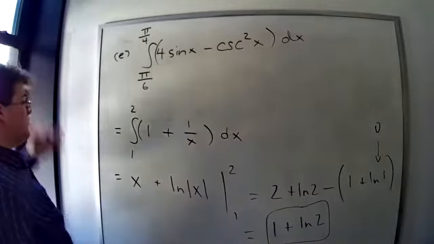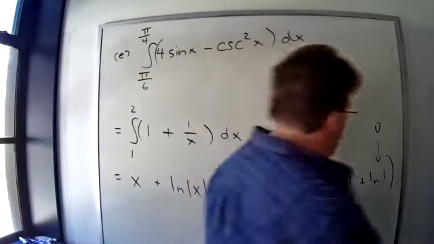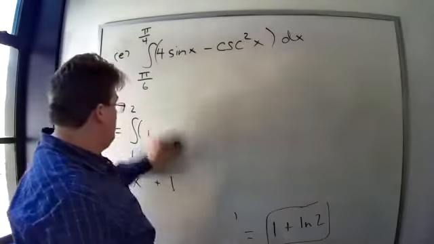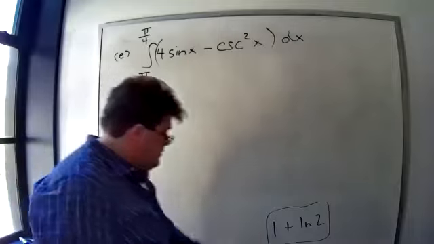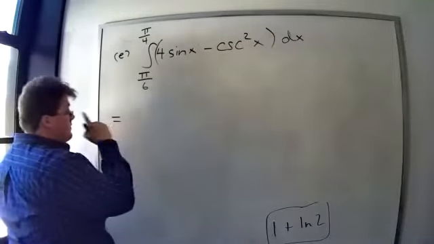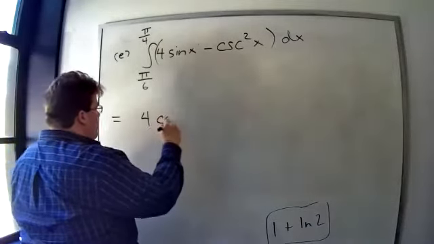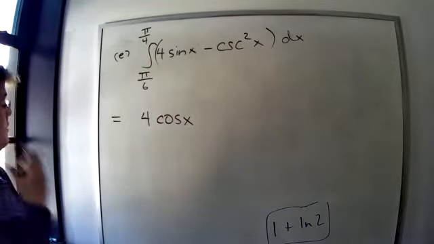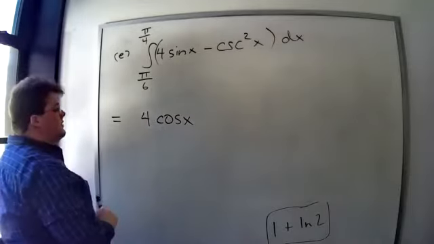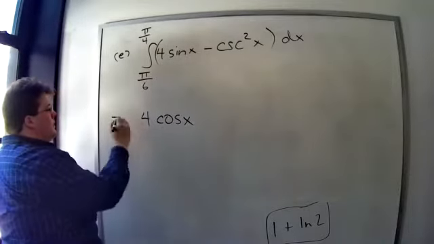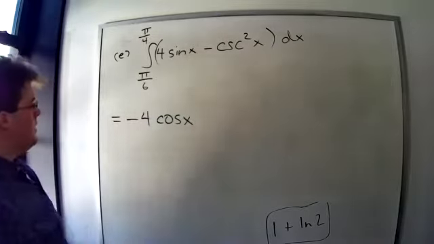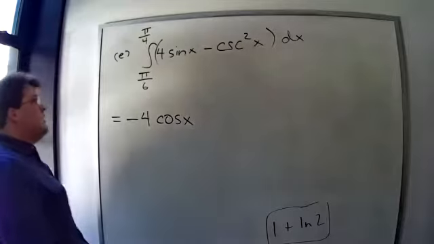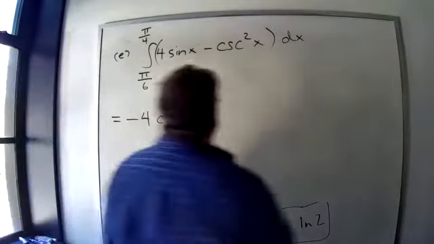We need a function whose derivative is sine. Well, there's also a 4 on there. How about 4 cosine? Does that work? What's the derivative of cosine? The derivative of cosine is negative sine. So that's not going to work. But if we throw a negative on it, the derivative of negative cosine is negative negative sine, so it is positive sine. And the 4 is still there.